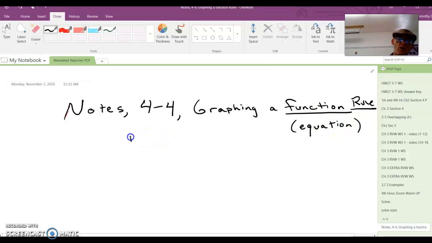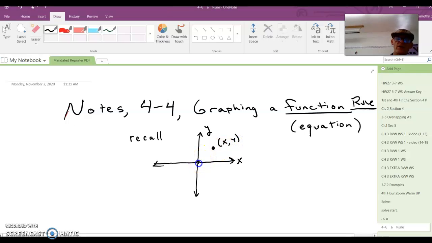As you know, recall from algebra or pre-algebra that you have an x-axis and a y-axis. This is y, and this is x. The ordered pairs that you get are x first and then y. And remember, you start here.